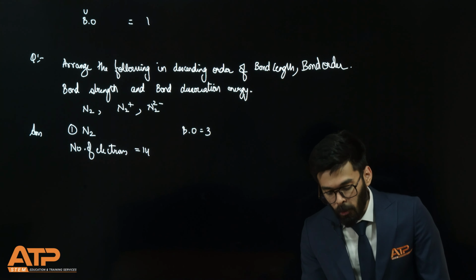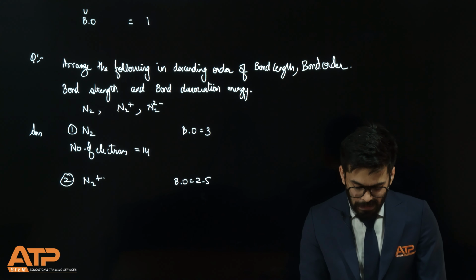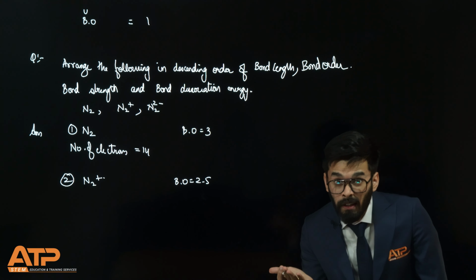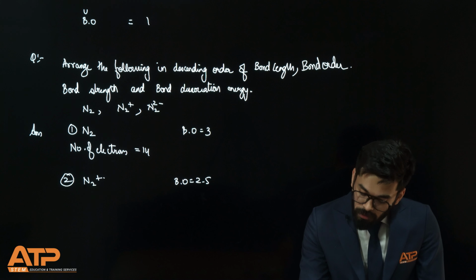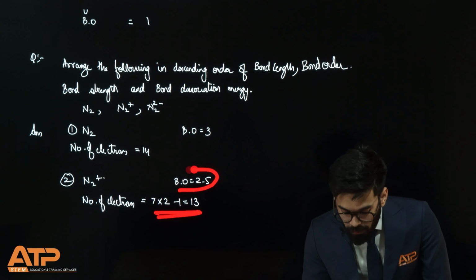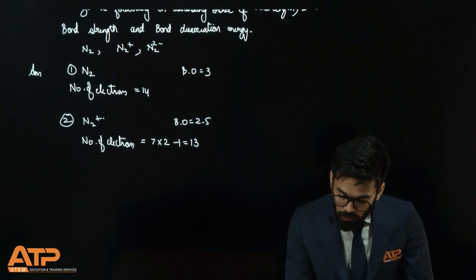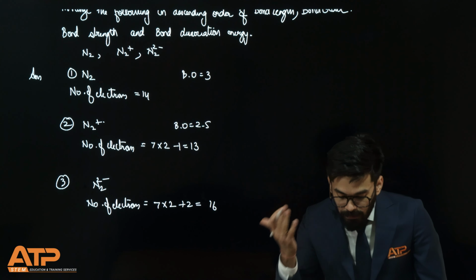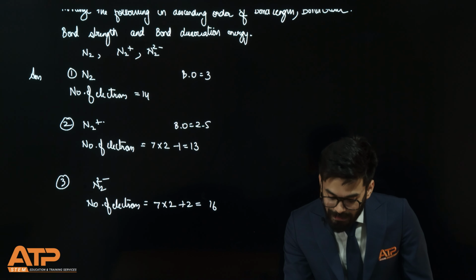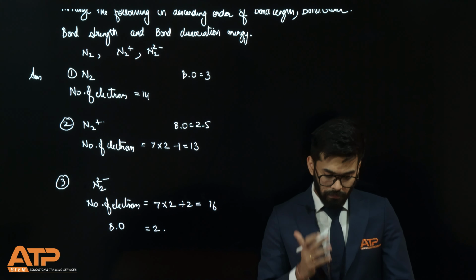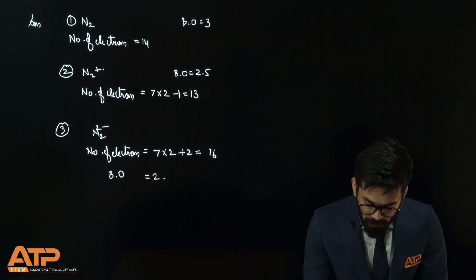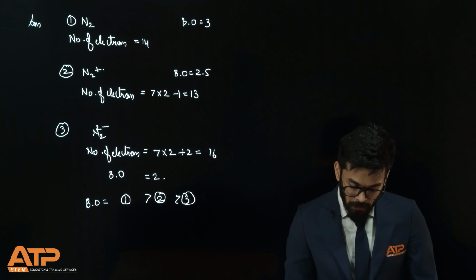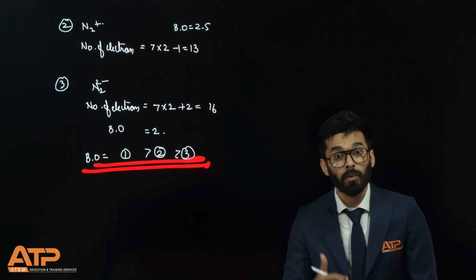For 14 electrons, bond order is 3. In case of N2 plus, how many electrons are there? 14 minus 1, 13. So when total electrons are 13, bond order is 2.5. In case of N2 2 minus, total number of electrons 14 plus 2, 16. When the total number of electrons is 16, bond order is 2. So we can clearly see that 1 has the highest bond order, then 2, then 3. Let's write that down. 1 has the highest bond order, then 2, then 3.